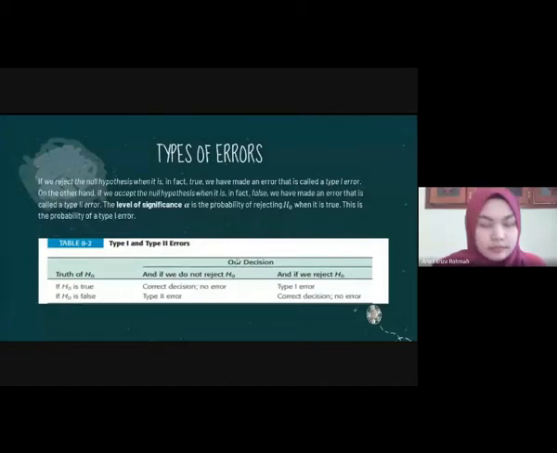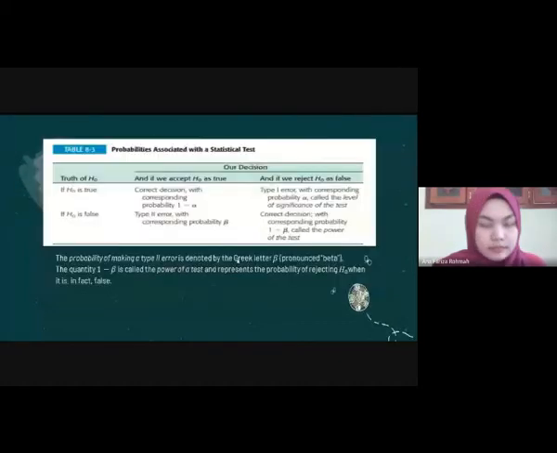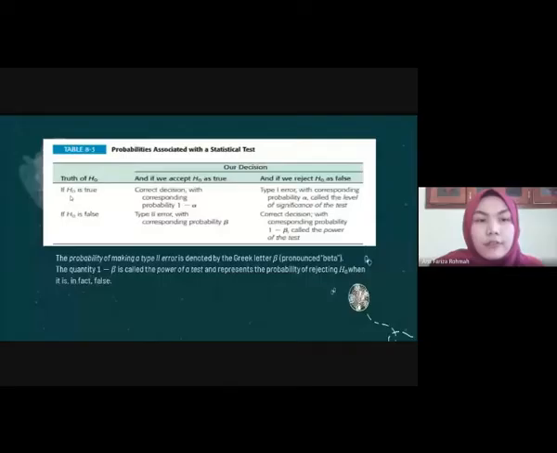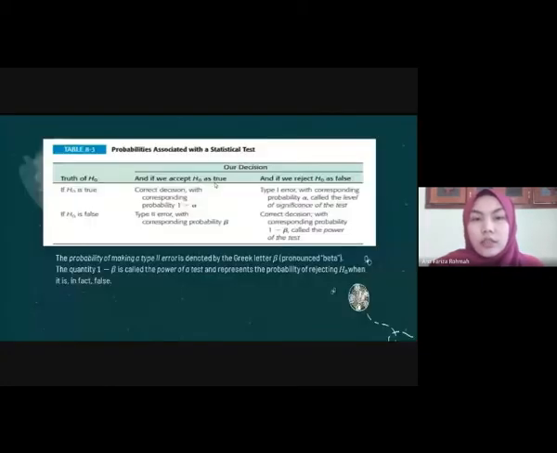And this is the table of probabilities associated with a statistical test. If the null hypothesis is true and we accept it as true, the result is a correct decision with corresponding probability 1 minus alpha.